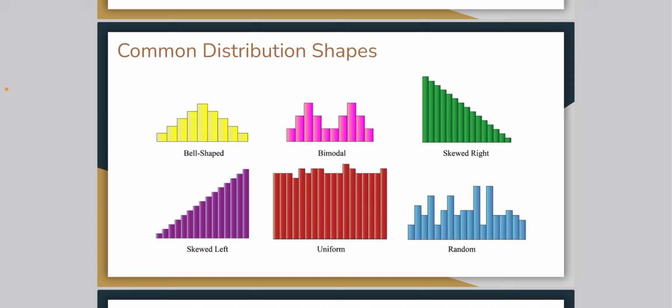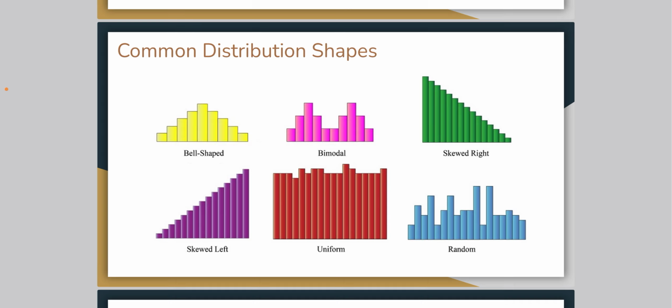So, what I see people have the most trouble with is the skewed right and skewed left. So the skewed right, also sometimes called right tail, the majority of your frequency is to the left, and then the tail of it comes off to the right.